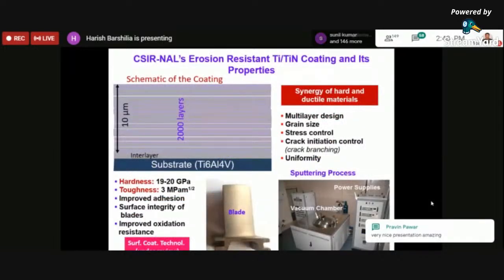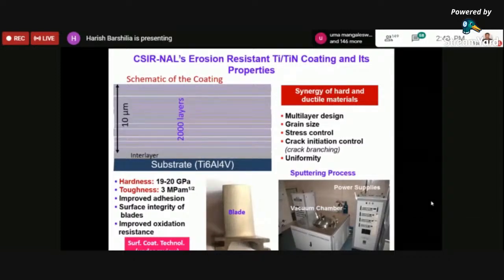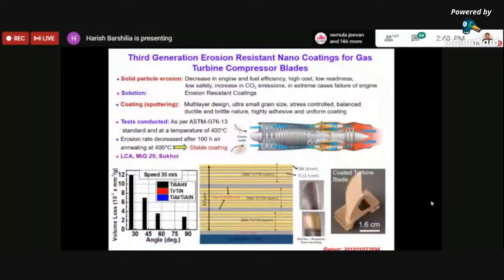It has been given to GTRE, our DRDO lab, wherein in the next slide I show you the performance of this blade, a typical turbine blade, shown on the right hand side. You can see here the damaged portion of the turbine blade, which needs to be changed. And then this is a coated turbine blade over here.